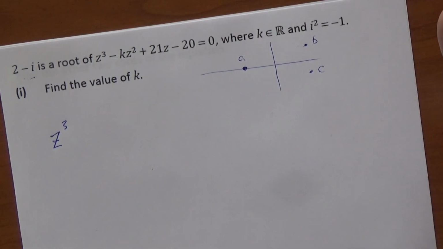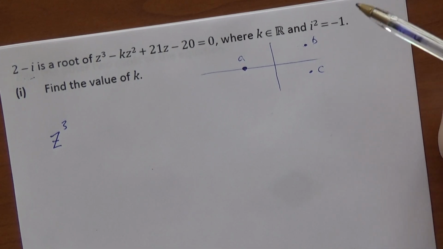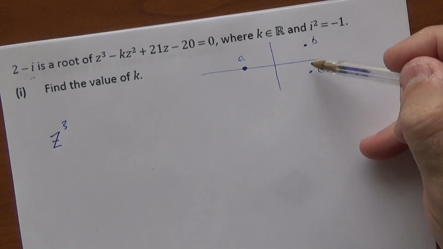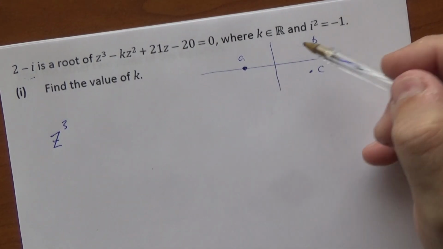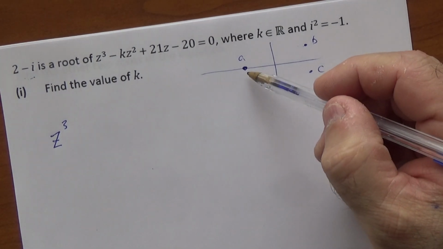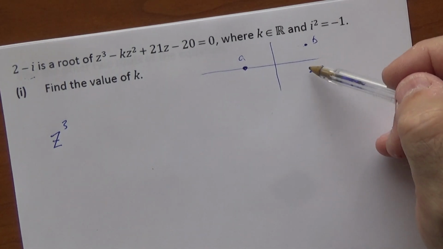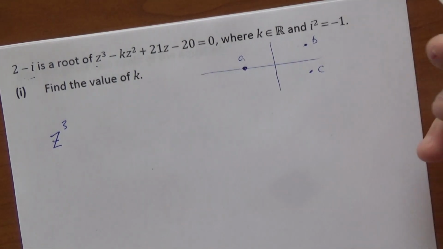It's not explicitly on our course, but it is a theorem that if you have complex conjugate roots plus a real root, and you must have a real root for every cubic, then the coefficients are real.